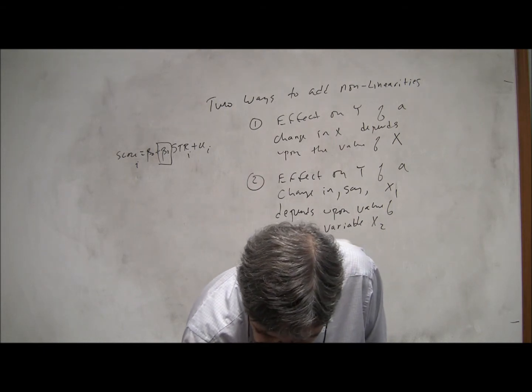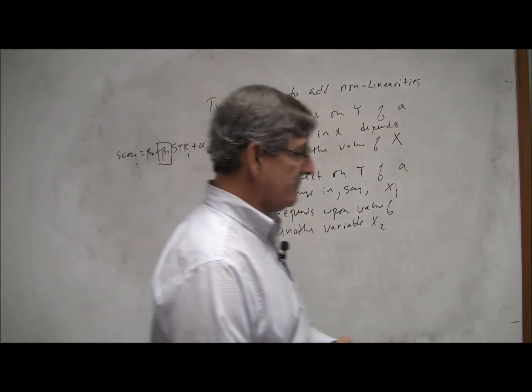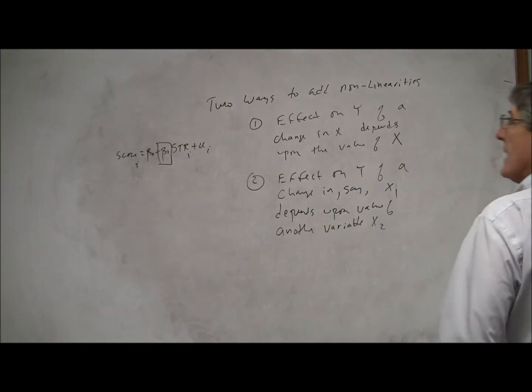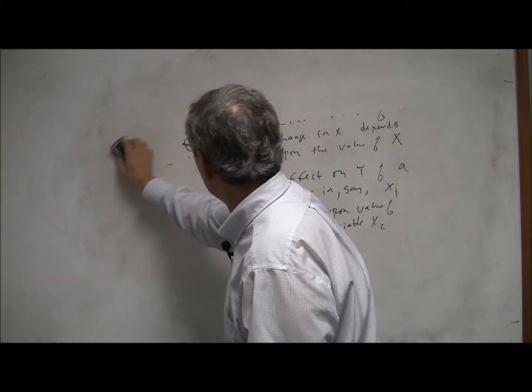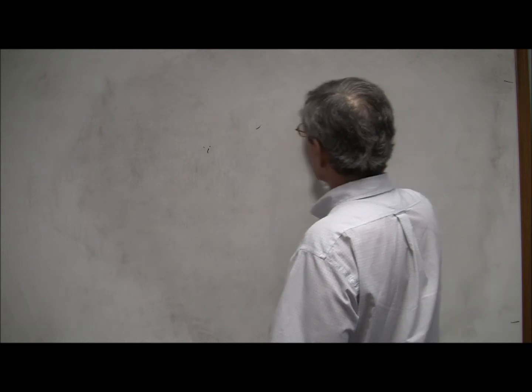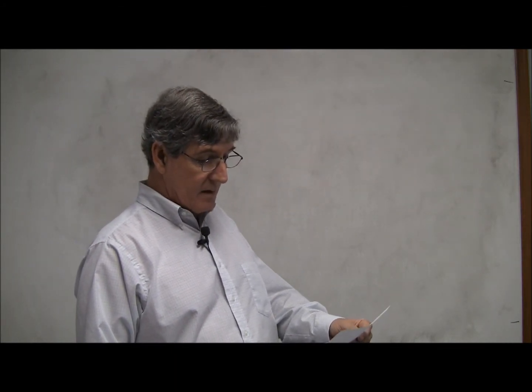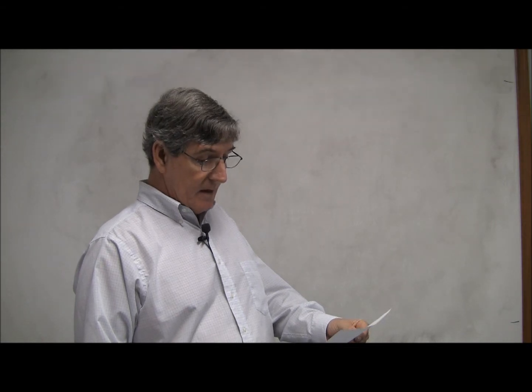So let's do the first class of models first, where it just depends upon x, not some other variable, and see how we might begin to get nonlinearities into our model. Okay, I guess I'll do what the book does and start with the test score example to illustrate.